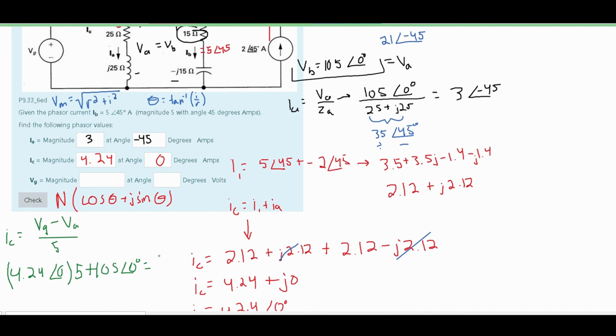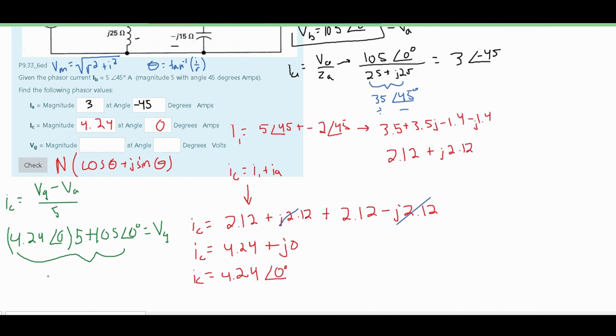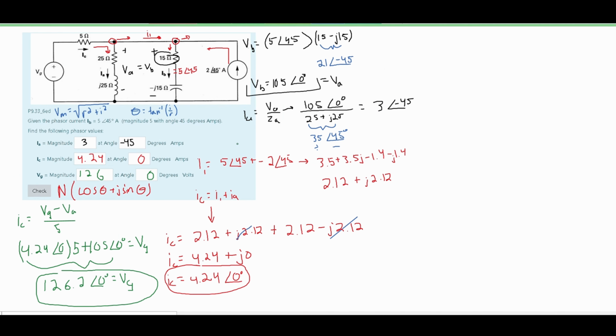This is all equal to V of G. Now, after we multiply this in, because our angles are both 0, we can just add the magnitudes together. And if we do all of this, we are going to get a magnitude of 126.2 with an angle of 0 degrees for our V of G. And that is going to be the answer for our V of G. And that is how you would go about solving this problem.